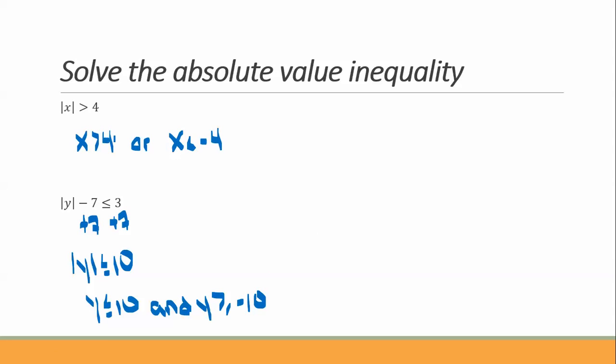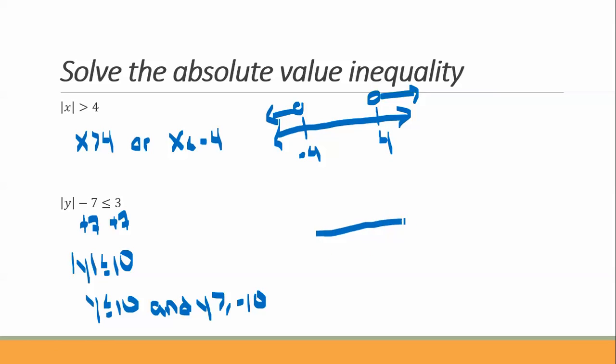So if we write this on a number line, the first one, the absolute value of x is bigger than 4, we have a -4 here, and we have 4 here, and we go this way, and we go this way.